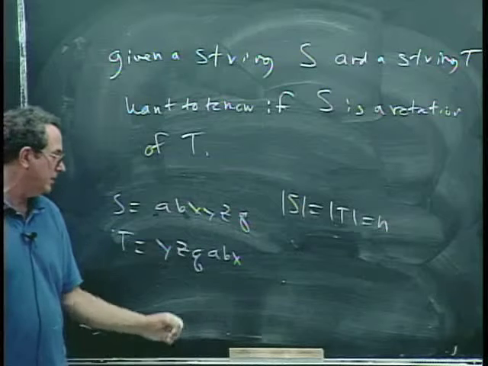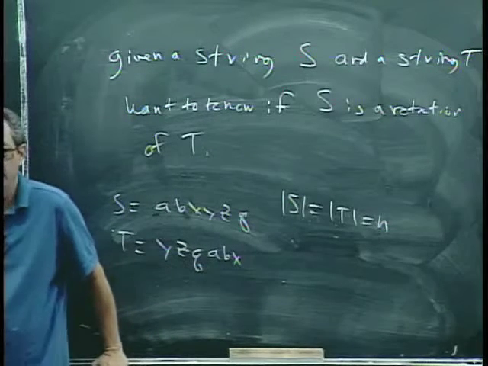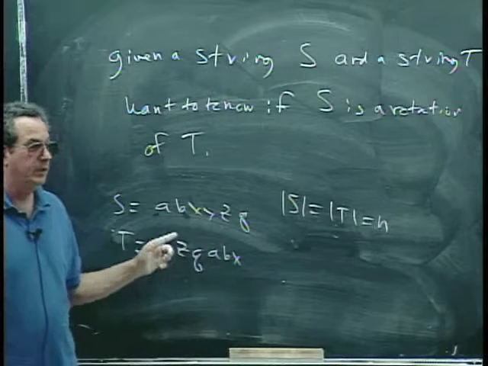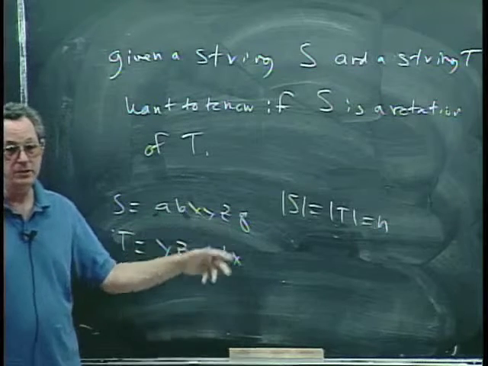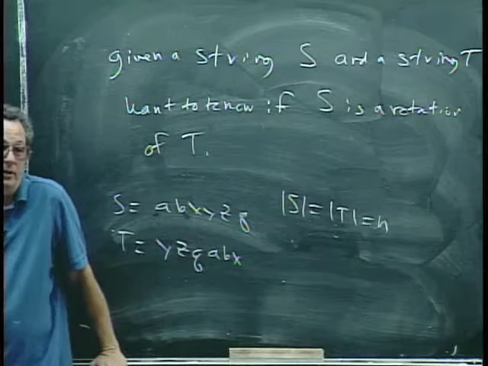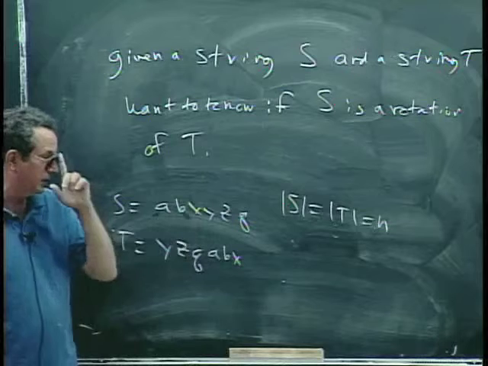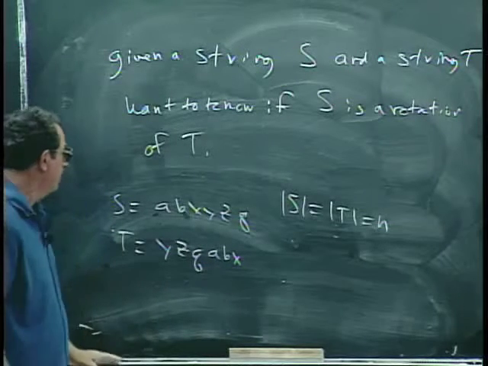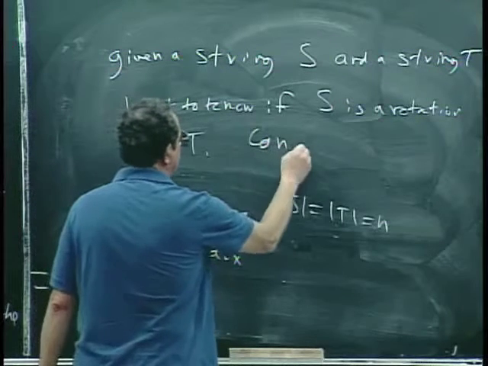But if you did that, the worst case time bound would be order n squared, because there are n different shifts, and for each shift you have to spend order n worst case time on the comparison. But I claim that this can be solved in order n time.